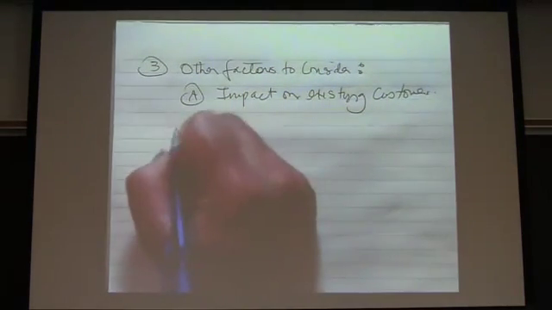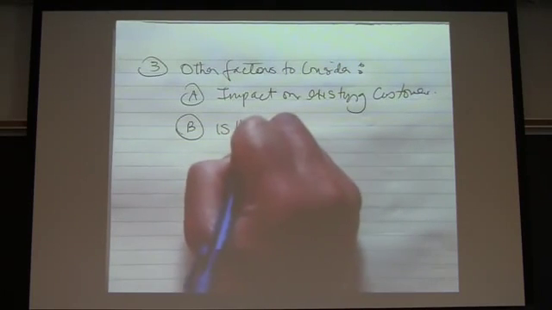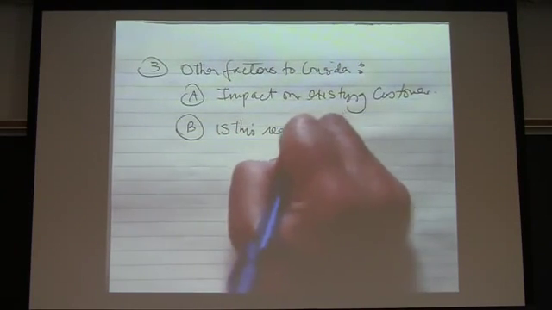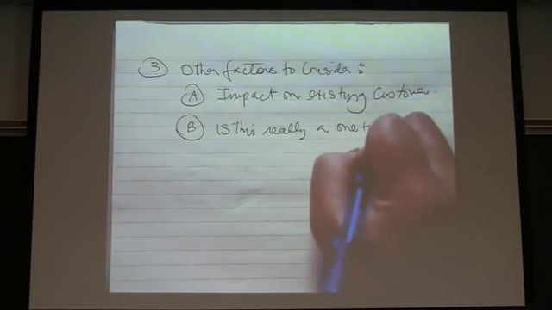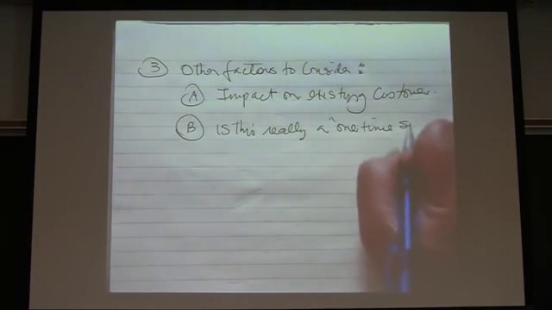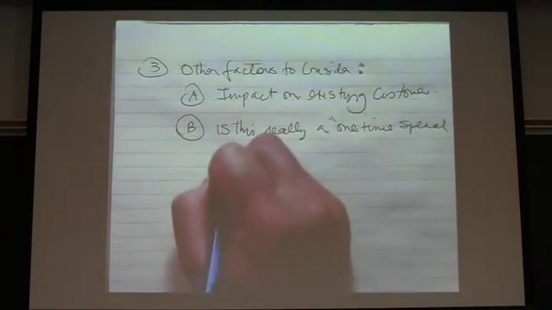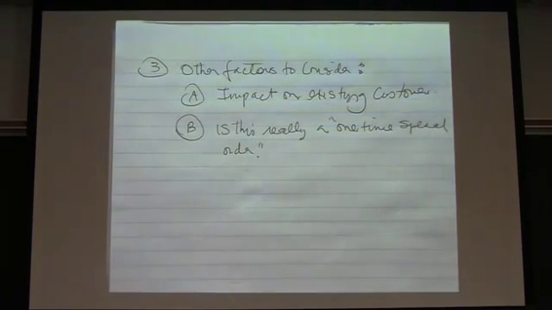And B, is this really a one-time special order? The fact that this customer is not in Dill's normal marketing channel does not necessarily mean it's a one-time special order. It just means that we haven't been targeting that particular marketing channel.